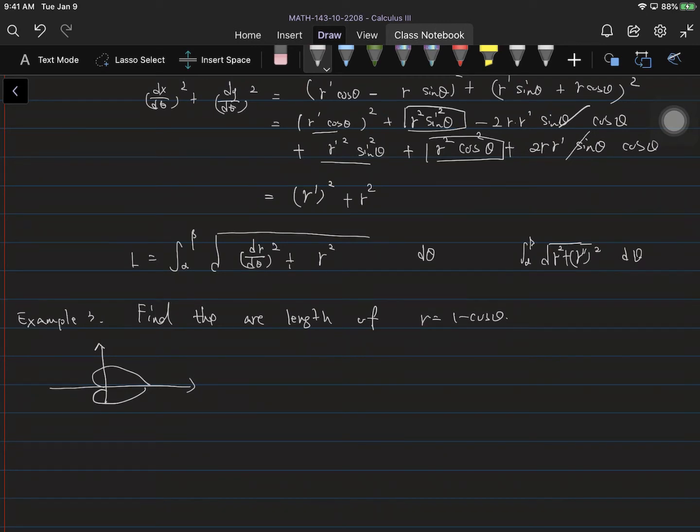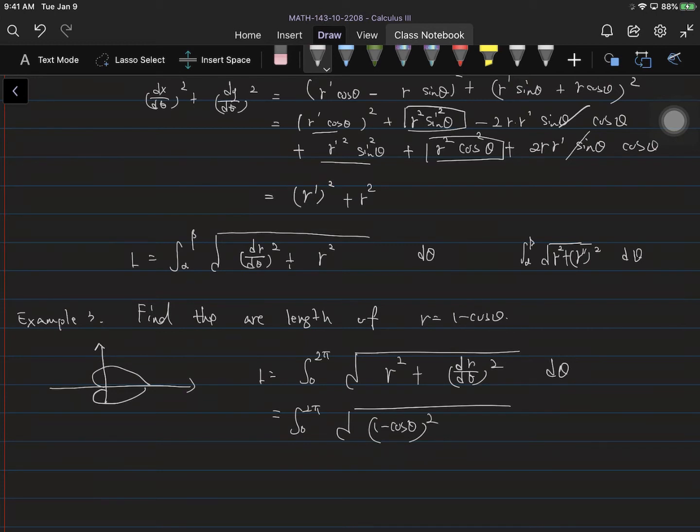If we want to find the whole arc length, we are going to set up the integral from 0 to 2 pi. I'm going to write down the formula first and then do the calculation. So r squared is (1 minus cosine theta) squared, and dr/d theta, the derivative of cosine, should be sine theta, squared, d theta.